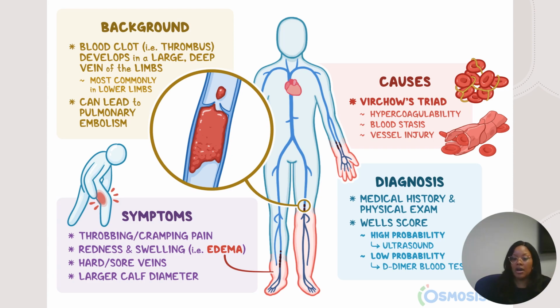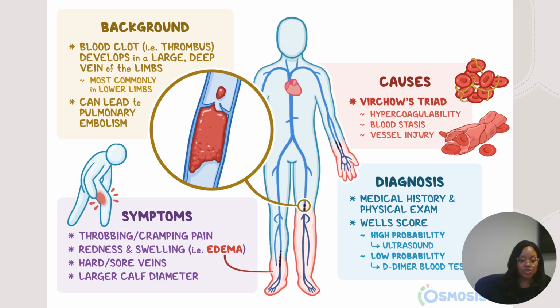There are some disease processes that are prone to your blood clotting. Blood stasis, meaning guess what? Your blood is not moving. That's that car accident, right? And then you have vessel injury, where some type of injury messed up the function of that vessel. So those are the causes of a blood clot.